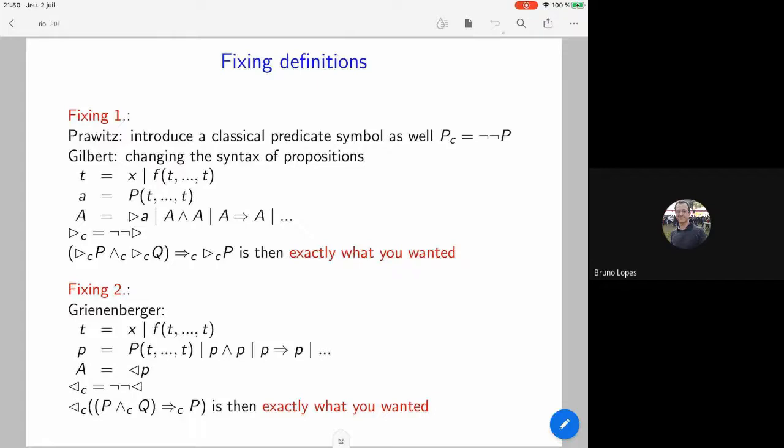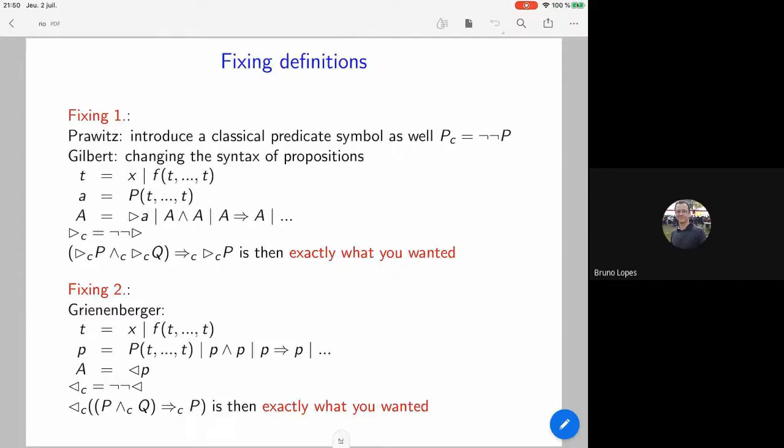So he defined the syntax of predicate logic in this way. You first have terms as usual, but then before you define proposition, you define another syntactic category, which is the syntactic category of atoms. And an atom is just a predicate symbol applied to a sequence of terms. And then you can define propositions.